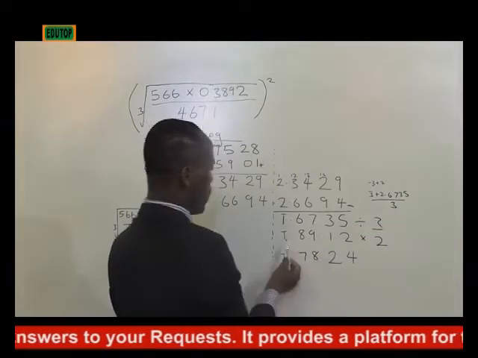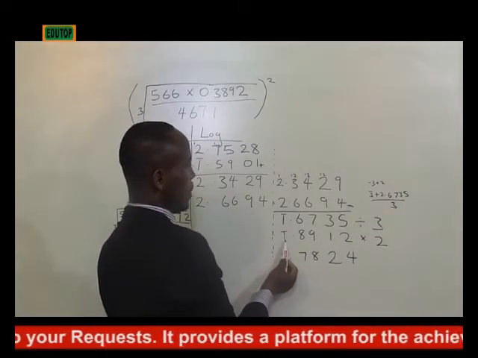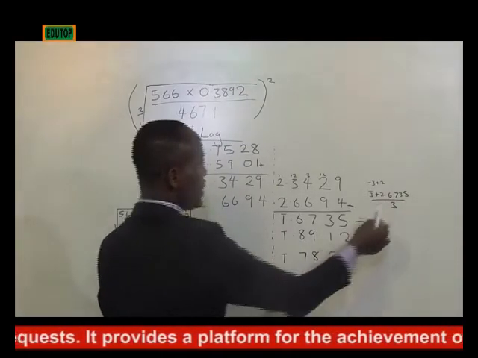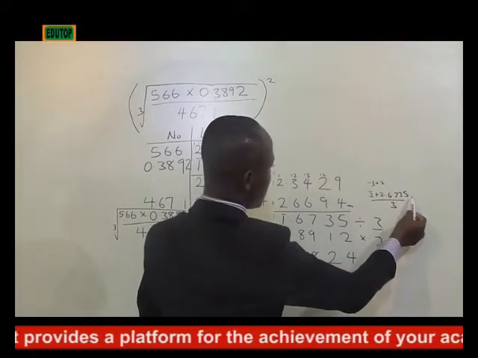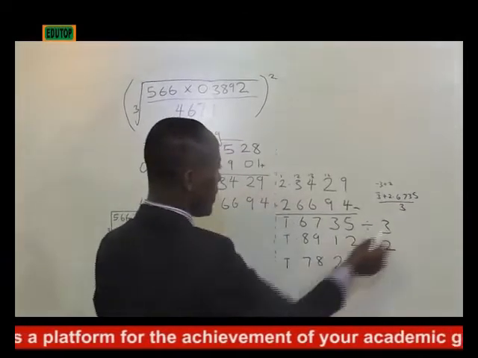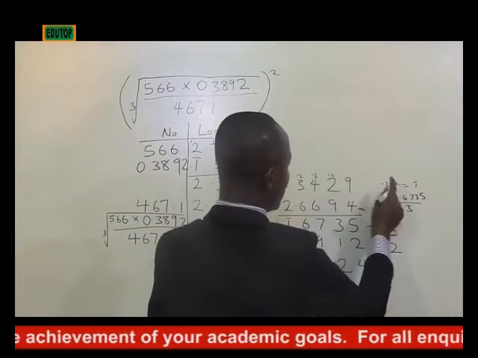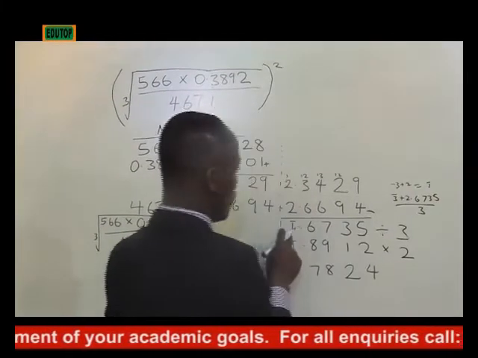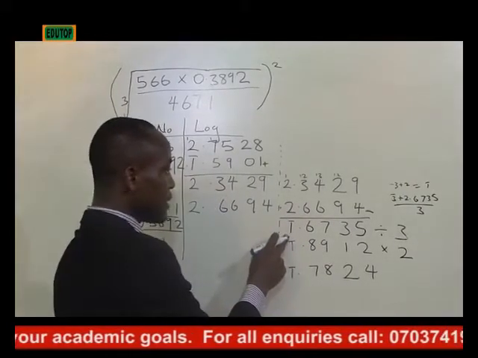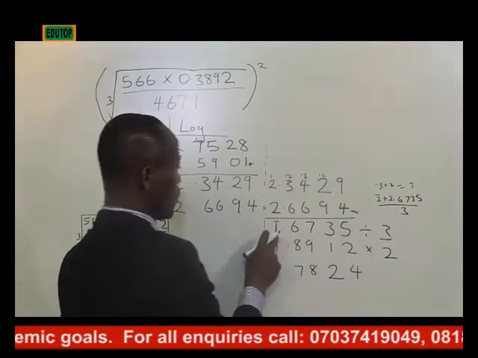Minus 3 divided by 3 will give us minus 1. Then 2.6735 divided by 3 will give us this value. That is minus 3 plus 2 will give us minus 1.